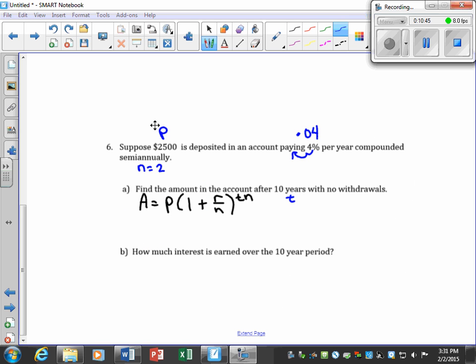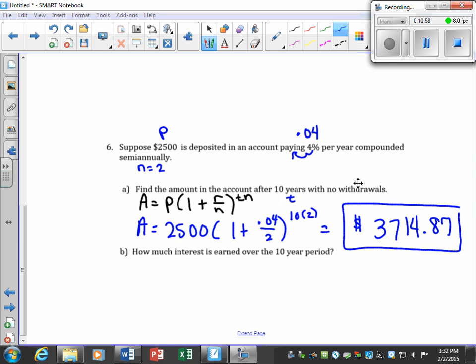Okay, so pause this. I named P, I named my rate, my N for semiannually, and my time T. I wrote my original formula down, and now I'm going to substitute those values in. When I put those values in, I'm going to say 0.04, divide by 2, enter, plus 1, enter, raised to the 20th power, enter, times 2,500, and you should get this value.